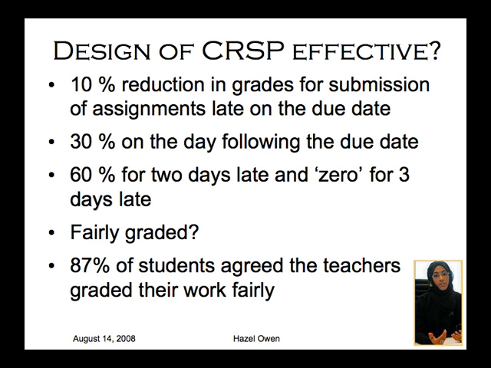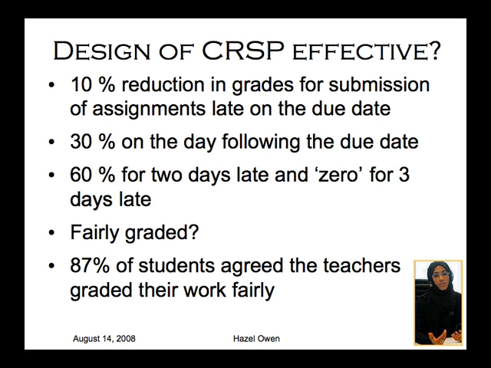We also had a very strict late handing in policy, whereby students received a reduction in grades for each day that a piece of work was late. Did students find this a fair way of grading their work? 87% of students agreed that the teachers had graded their work fairly.